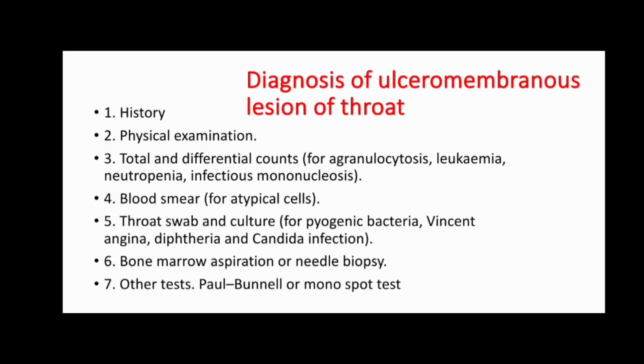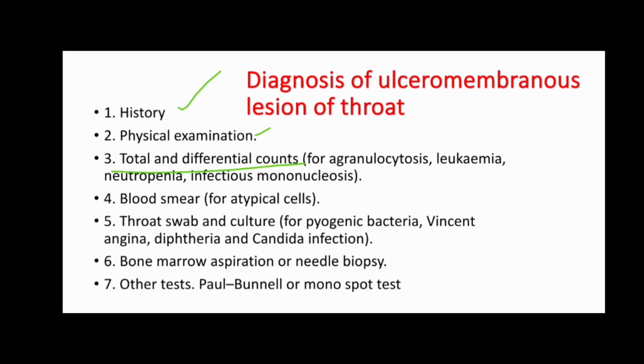And coming to the diagnosis of ulceromembranous lesion of the throat. If a case comes to you with a membrane over the oral cavity, we have to start with history taking, and next physical examination. After the physical examination, we have to take total and differential leukocyte counts.